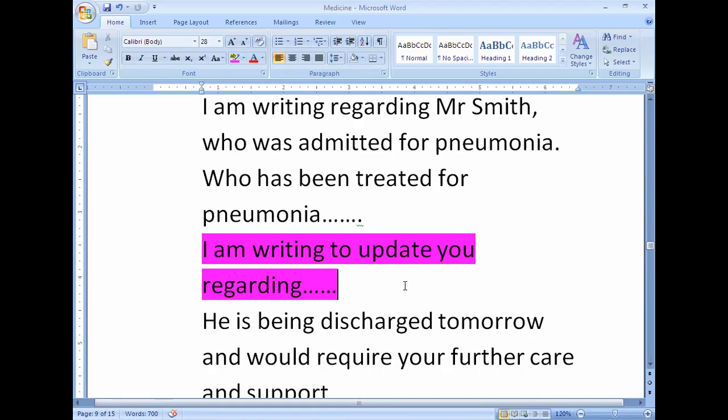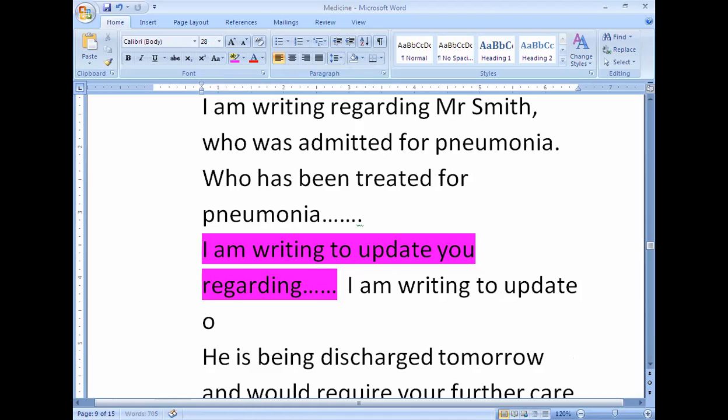You have treated this patient and you are sending this patient back to me, the GP. You write, I am writing to update you on this patient. One is I'm writing to update you regarding Mr. Smith, or I am writing to update you on Mr. Smith. These are two styles.